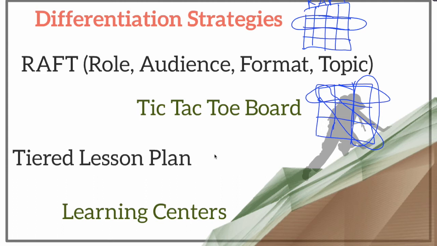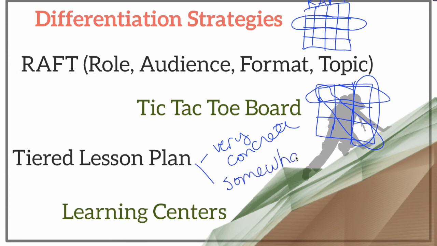A tiered lesson plan. This is whenever you have 3 different types of assignments from which they can choose. They could have a level that's very concrete. They can have a level that's somewhat complex and somewhat concrete. And then they can have one that's way more abstract. So it's doing the same amount of work in terms of maybe time.